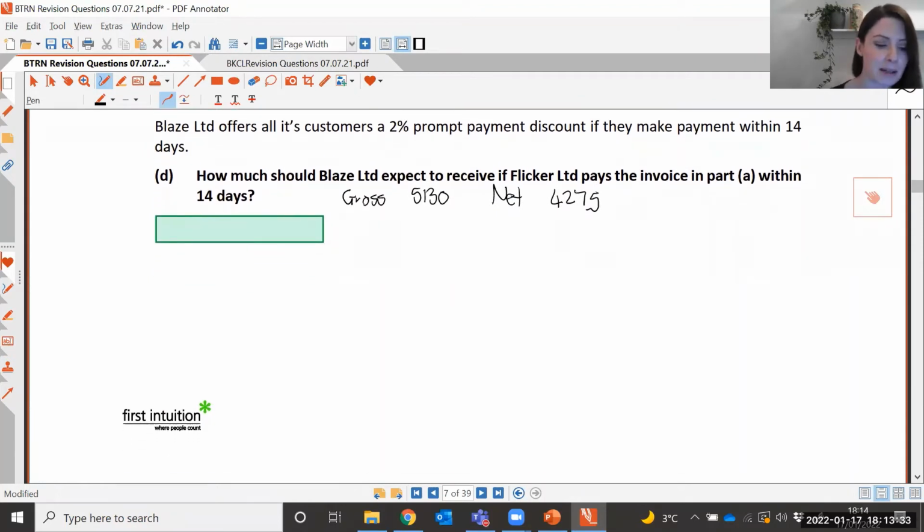So we have the amounts. We've got the gross amount on the invoice was 5,130. The net amount was 4,275, and they're offering a 2% prompt payment discount. So how much would they pay if they paid within these 14 days?